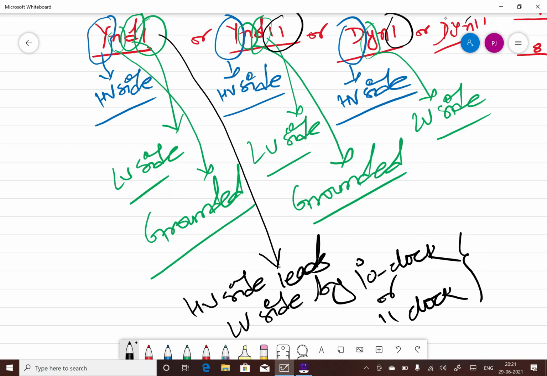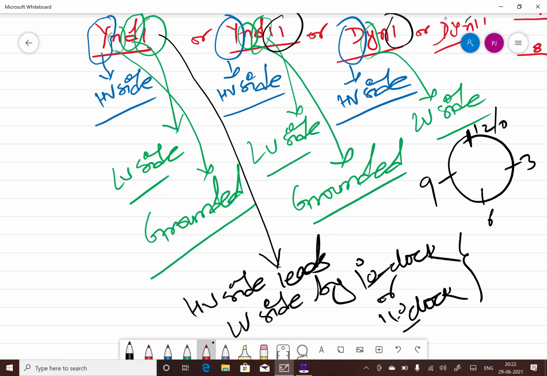Basically, the meaning of 1 o'clock and 11 o'clock is this: if you draw a clock, suppose this is your 12 or 0, this represents 6, this is 3, and this is your 9.